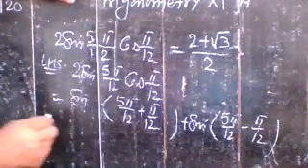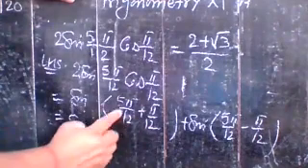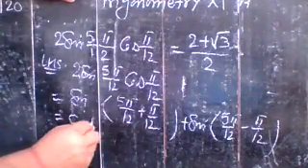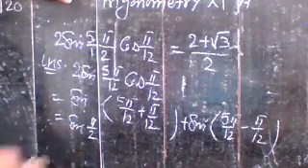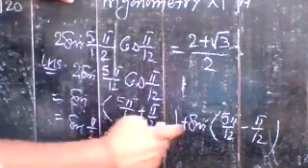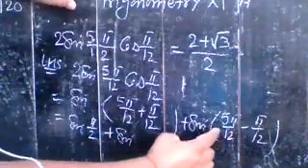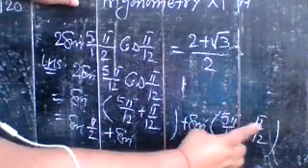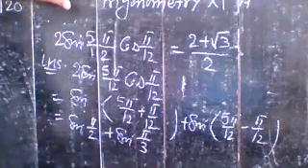Now simplifying, that is equal to sin 6 pi by 12, and 6 pi by 12 means pi by 2, plus sin 4 pi by 12, and 4 pi by 12 means pi by 3.